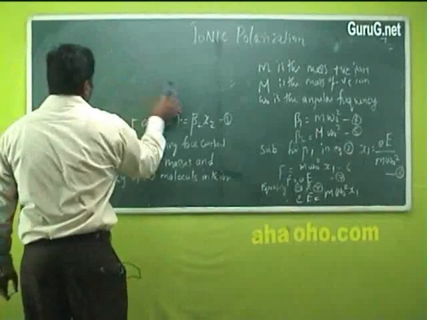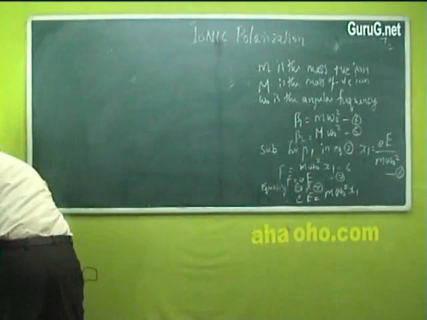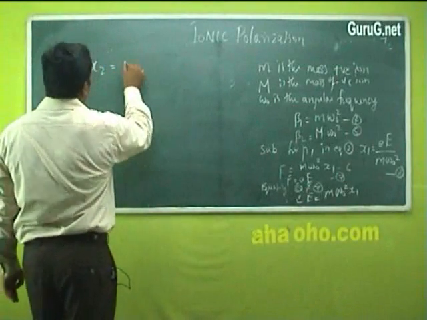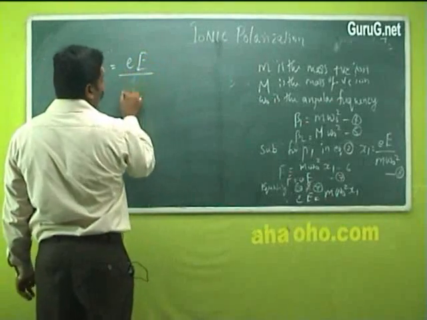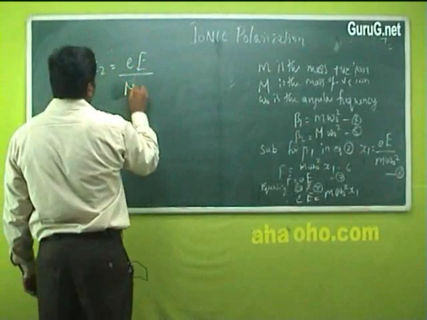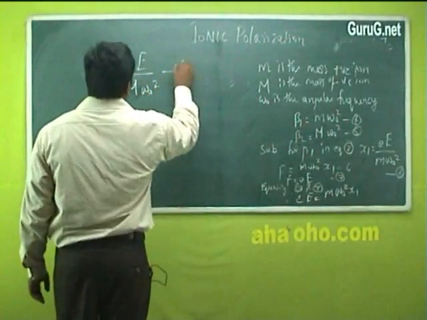Similarly for the negative ion, the value of x2 is equal to E divided by capital M omega naught square. Put this as equation number 9.